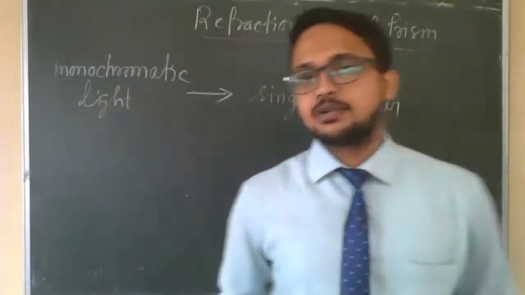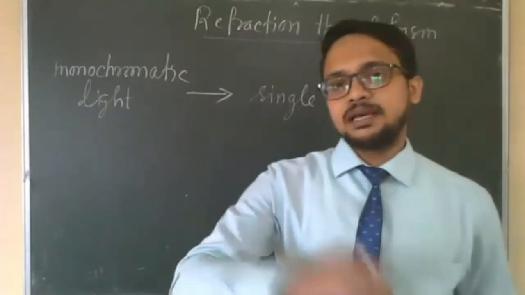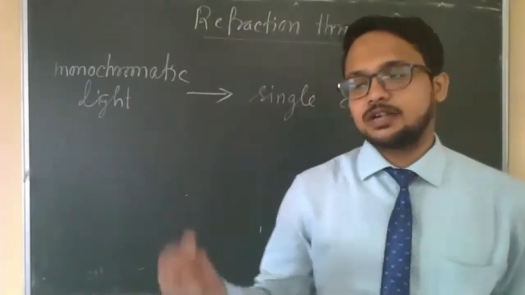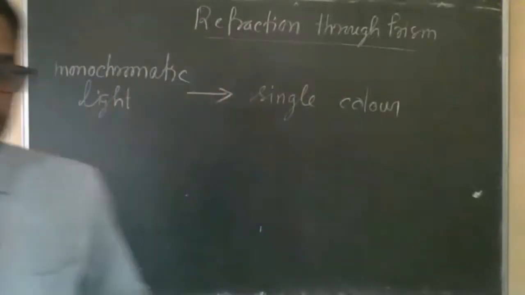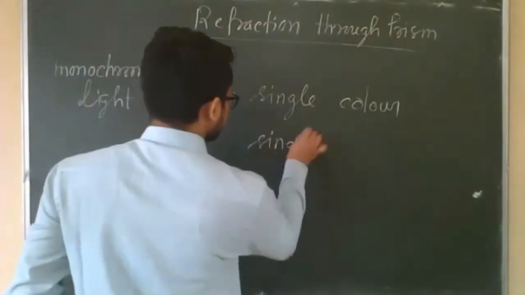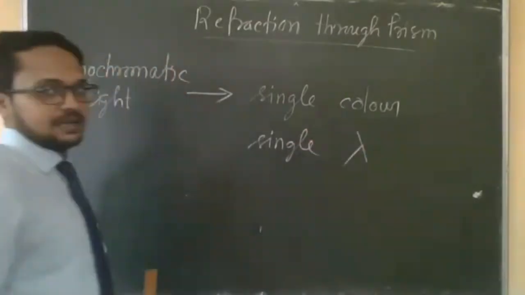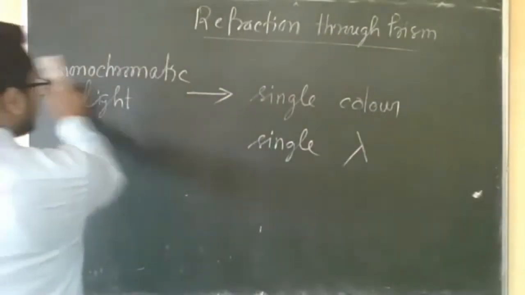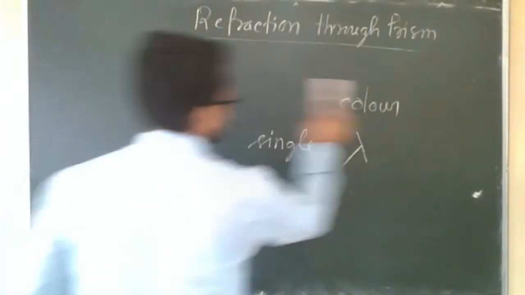Green color light, it is a monochromatic light. But if we take a mixture of red and green, then it is not a monochromatic light. So monochromatic light means single color, that means single wavelength, lambda.